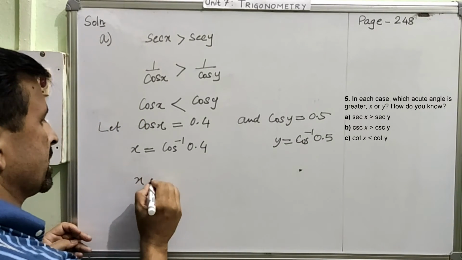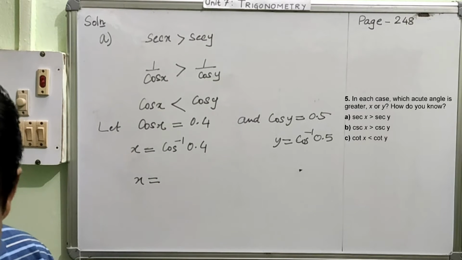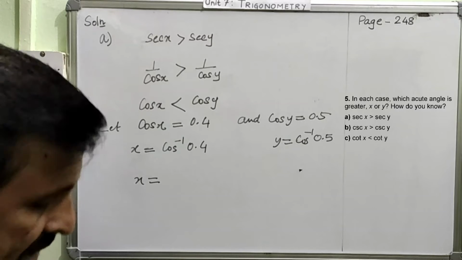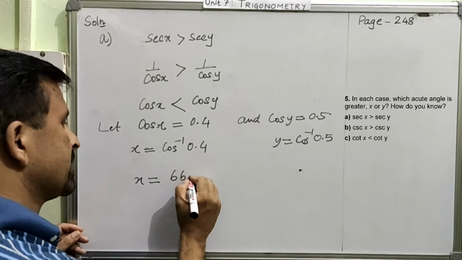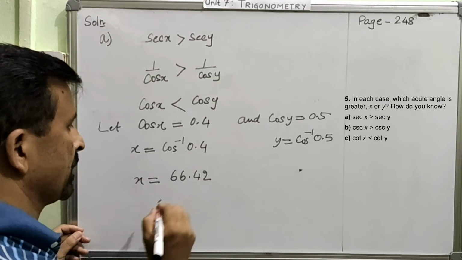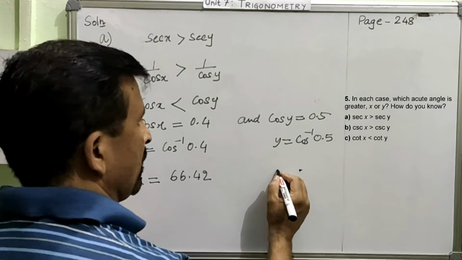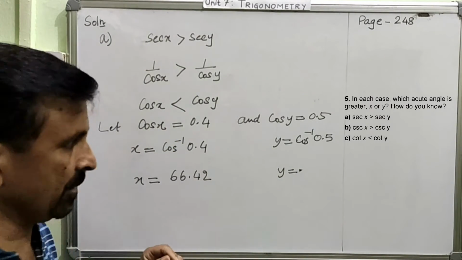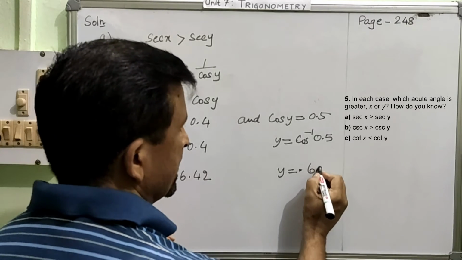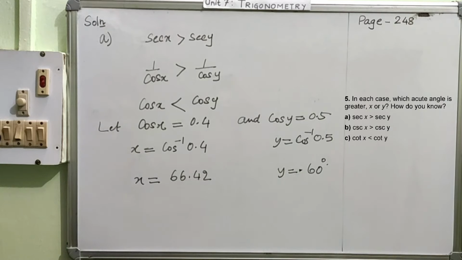Cos inverse 0.4, when you use the calculator, you will get 66.42. You got the value of x. And similarly, we will calculate the value of y using the calculator. Cos inverse 0.5 will be equal to 60 degrees. Now you got the actual calculation.